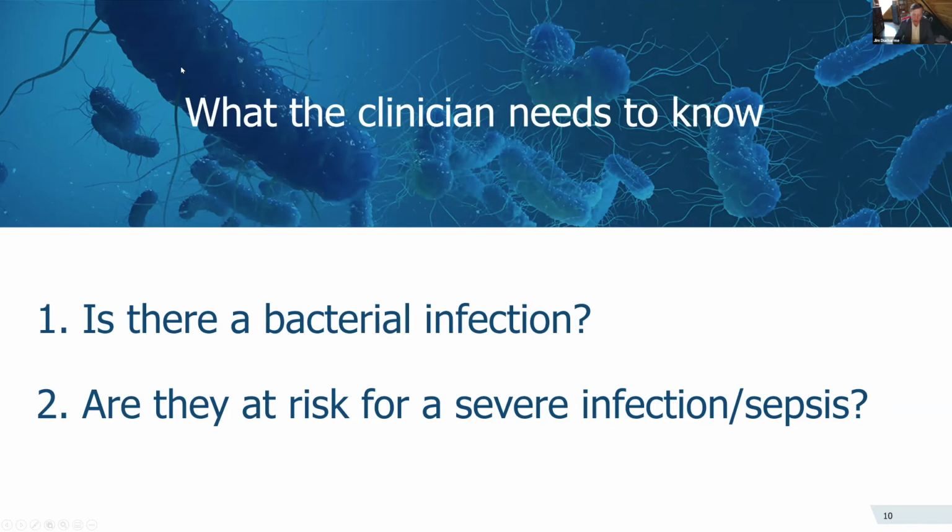So what do we need to know to get better at this? We need to know, can we know for sure there's a bacterial infection or is it viral? And if it is bacterial, what subset is going to go into severe sepsis or septic shock? How do we identify those people so that we can maximize use of our resources?